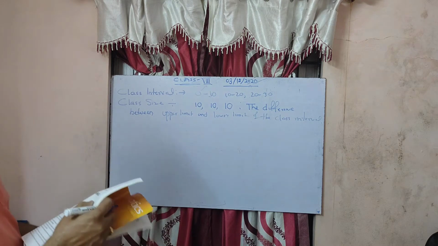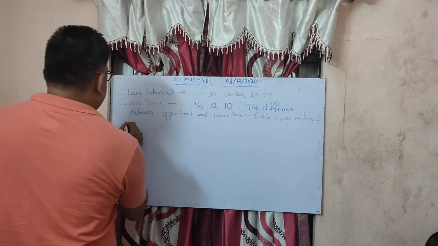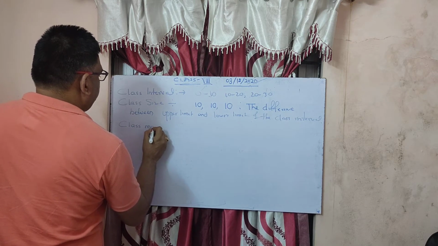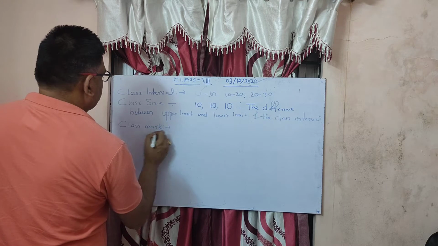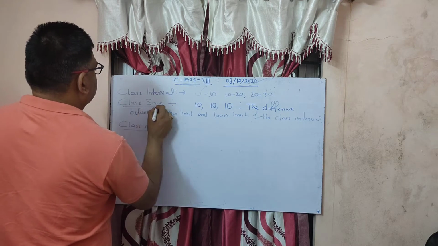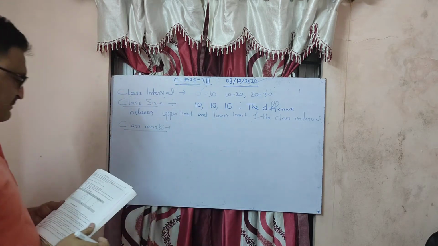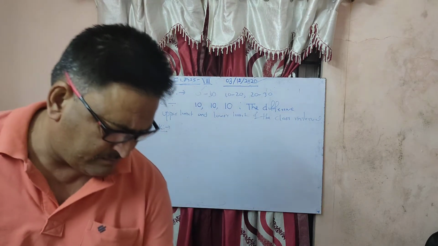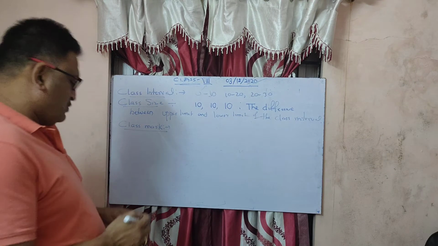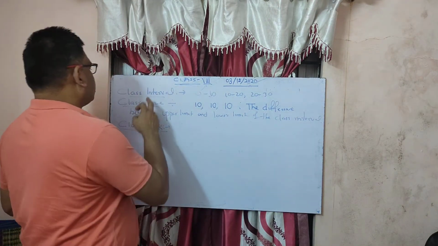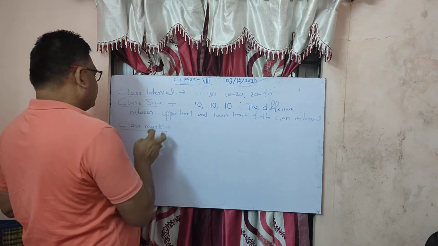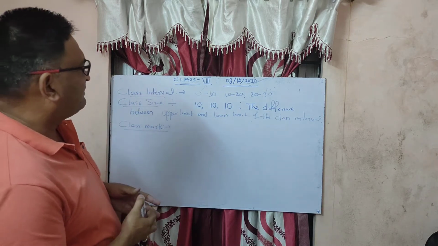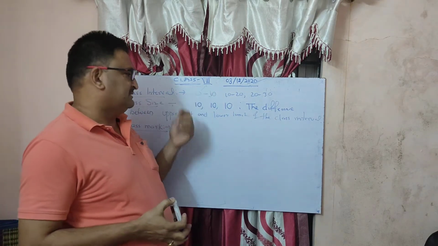Now next one is class mark. The next important point is class mark. So what is class mark? Now we know this class size and class mark, both these things are calculated from class interval.